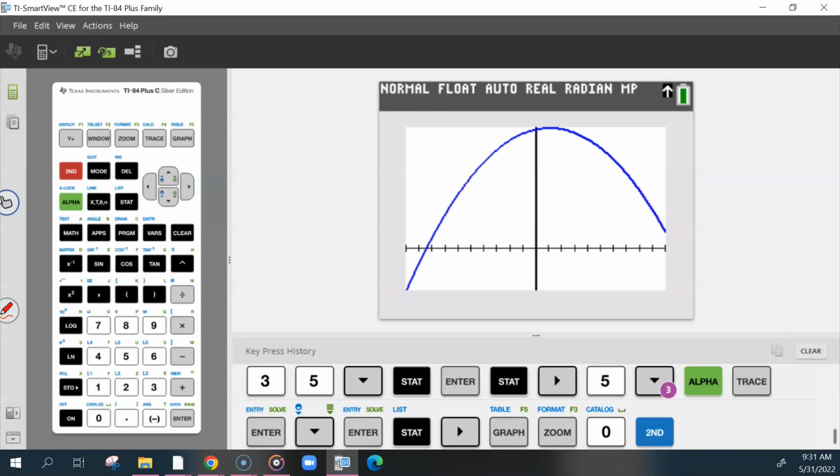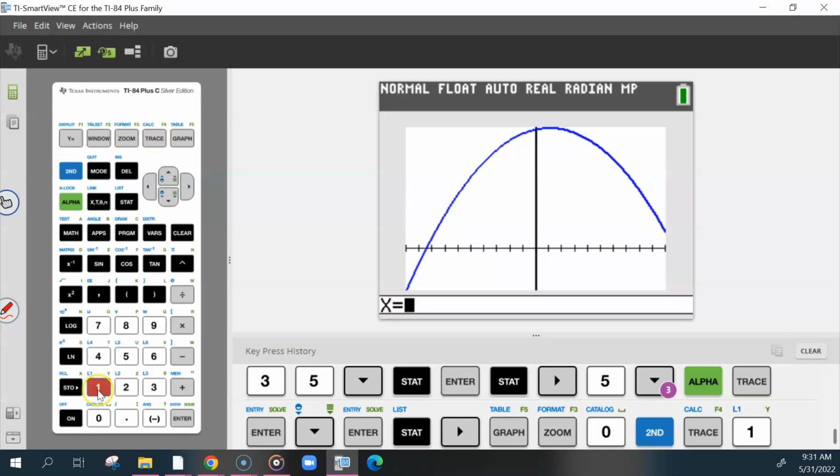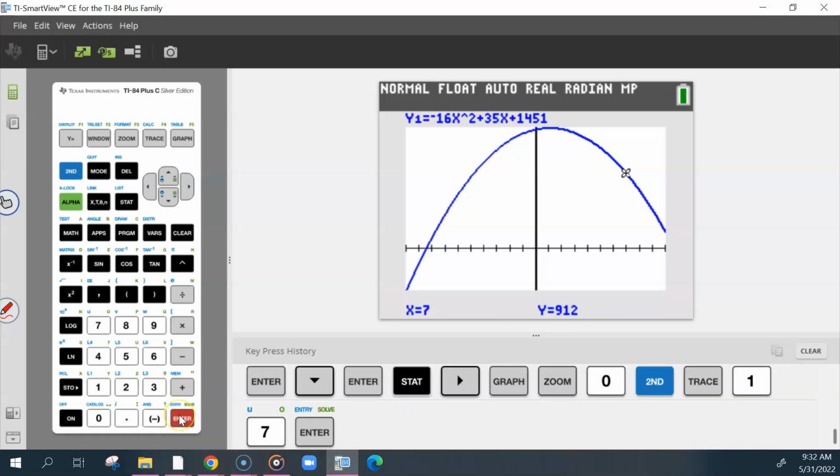And then second trace value, we're looking for when x is 7. So 912 would be our answer. Graph this, zoom 0 to make it fit. Second trace, go into value, put in 7 and hit enter.